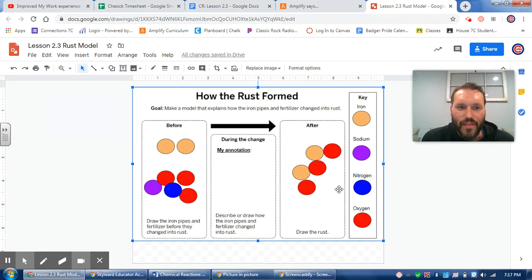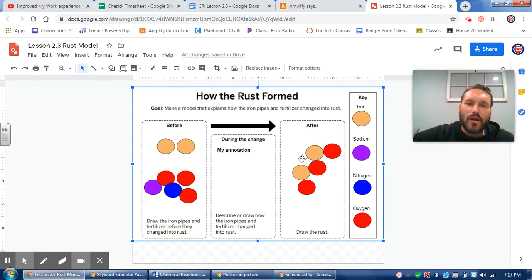We've learned that we rearrange atoms; they can't disappear. So something must be up with the nitrogen and the sodium atoms. They have to go somewhere. So what happens to those 2 atoms is probably a great question right now if you're thinking scientifically.